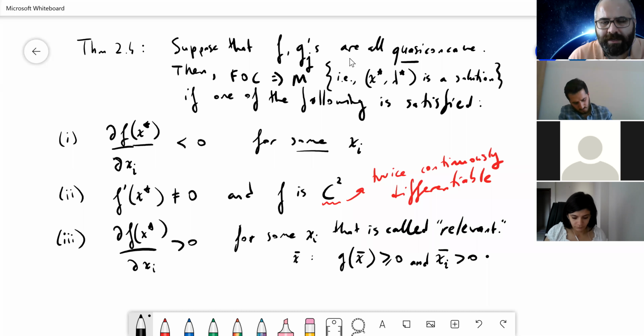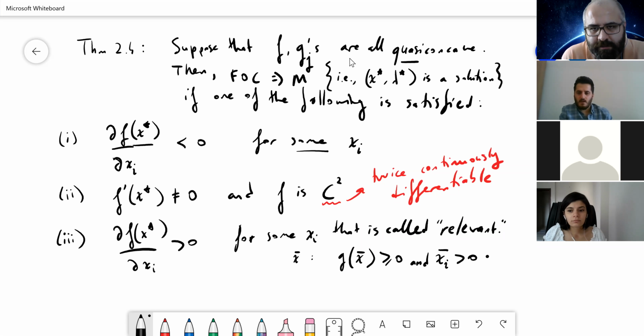Usually, we are not going to be too concerned about these things because for at least one variable, we want to consume it. If you look at these conditions, you must realize that for many economic problems, at least one of them should be true.